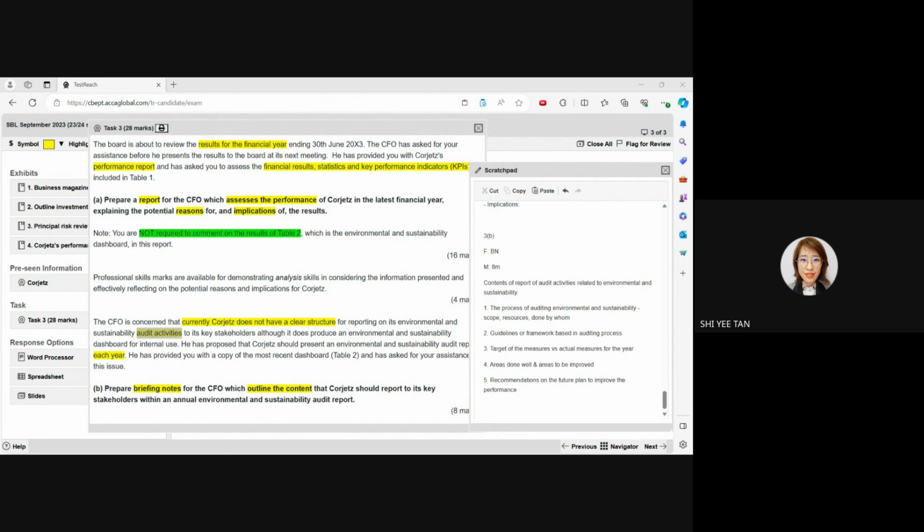But this is how much stamina you need to put in order to digest and answer your SBL question. That's the reason why we keep telling the students, you cannot go straight to the exam without practice. You are not able to do it.